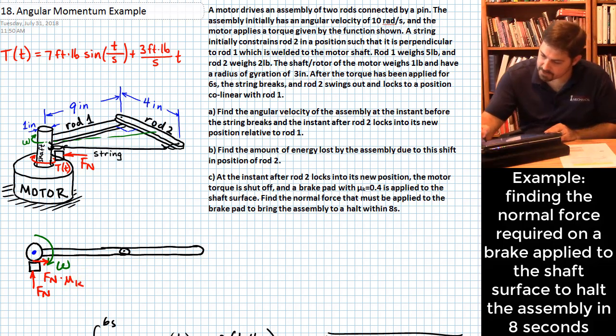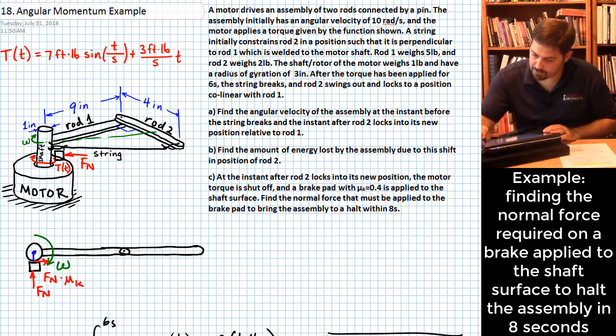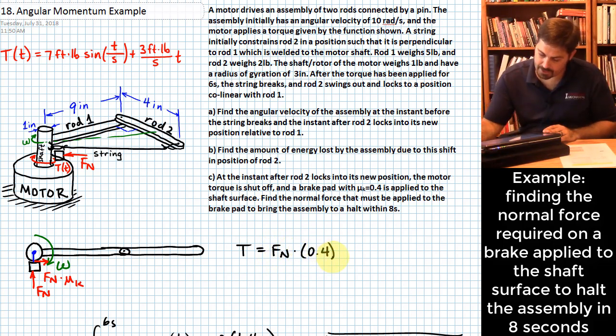That gets multiplied by the radius away from the center to give us a torque. So I'll say we're going to have a torque applied here equal to Fn times mu sub k, which is 0.4, times the radius, and the radius is going to be 1/2 an inch.